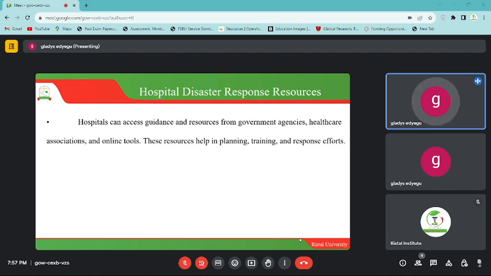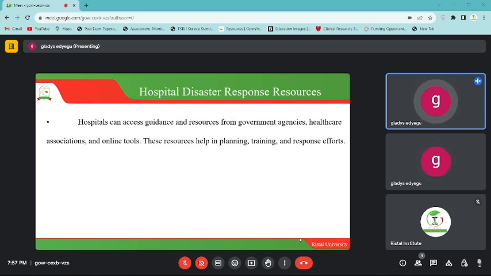It can help us to address a number of issues, even budgeting. So we need these tools, and we can get them from those different agencies, even government and other healthcare associations and different private individuals. So these resources help in planning, training, and response efforts. And response efforts are basically the help or the support that they can give us.